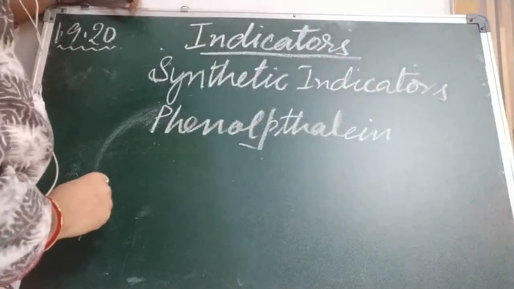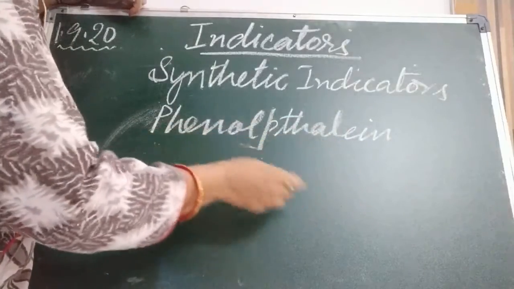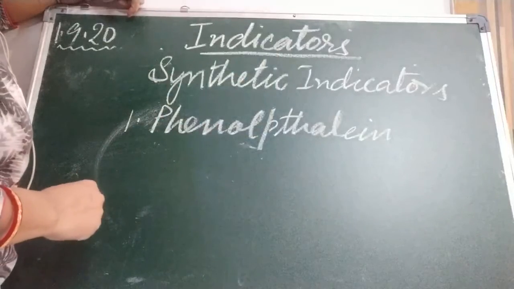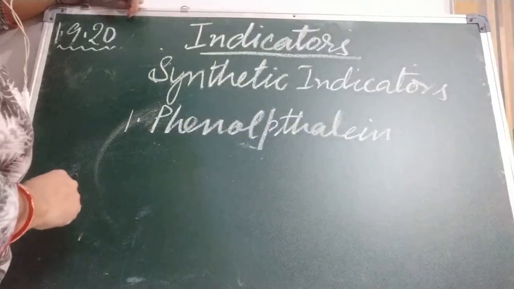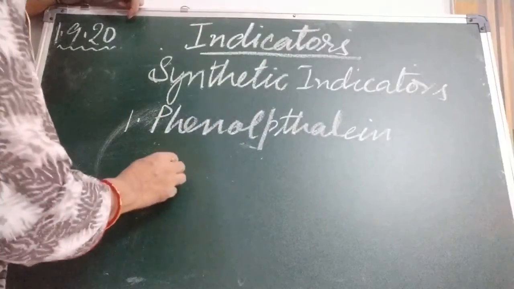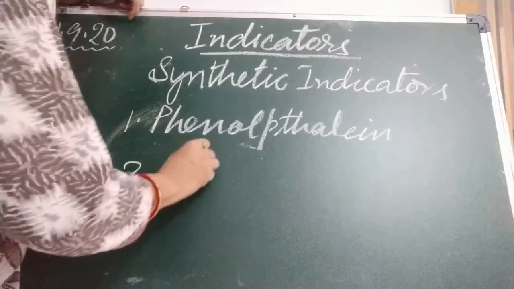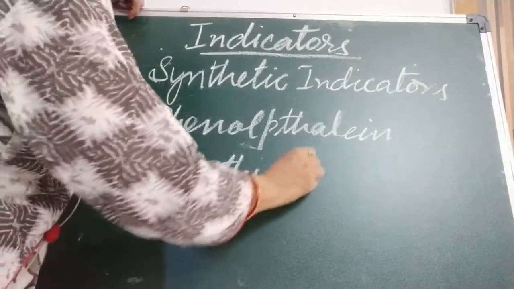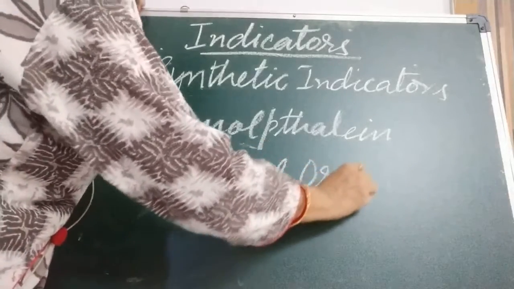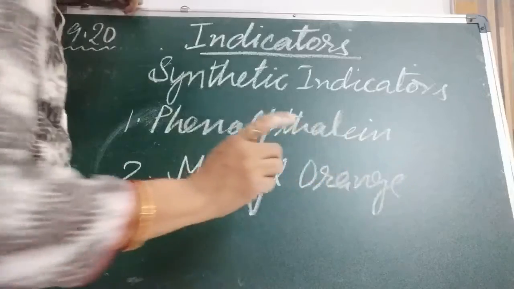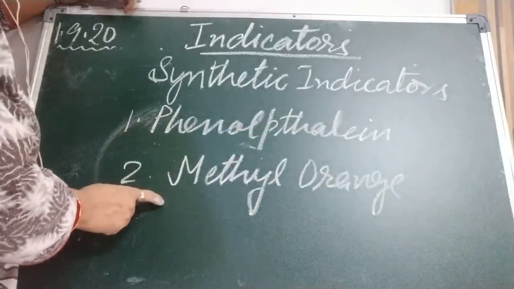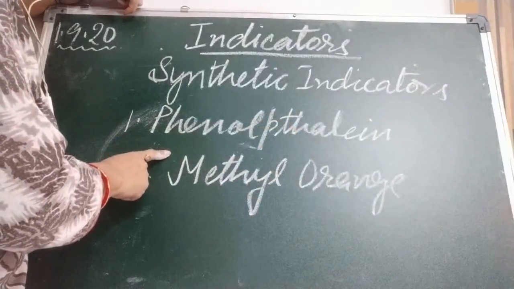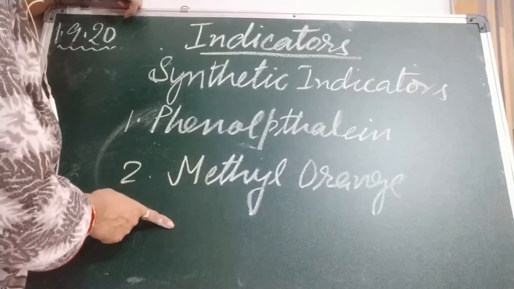Phenolphthalein. What do we call it? Phenolphthalein. The L is silent. This is synthetic. We make it in laboratories. Second is methyl orange. This is also an indicator. Children, in the beginning I told you what indicators are. They give different colors with acidic medium and basic medium.